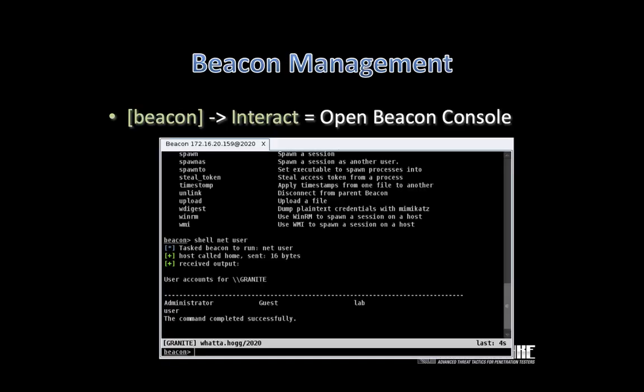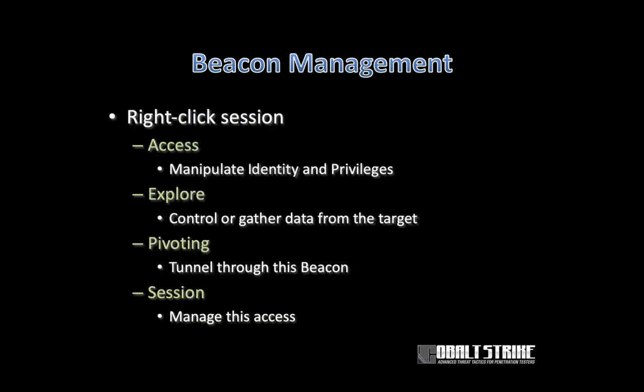Right-click on a beacon, go to Interact, and this will open the beacon console. This is where you type your commands, and this is where output and other messages from Cobalt Strike show up. If you right-click on a beacon session, or inside of a beacon console, you will get the beacon management menu.